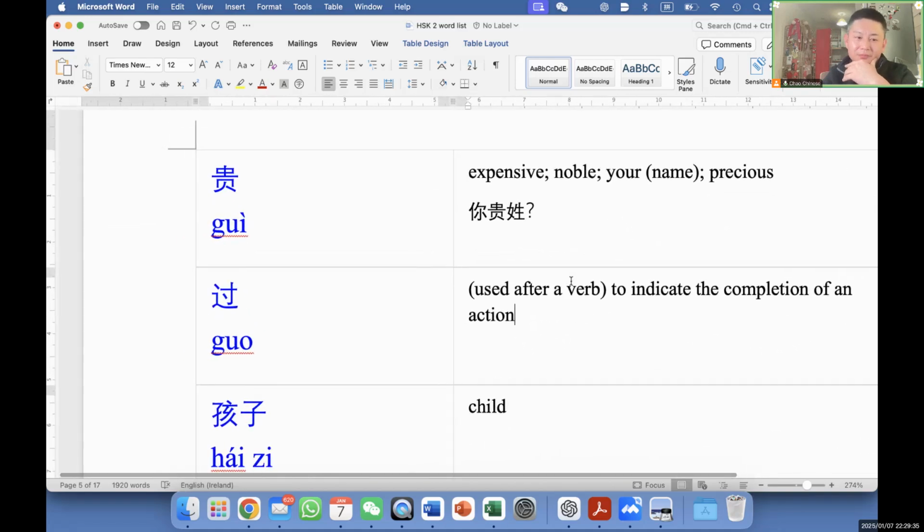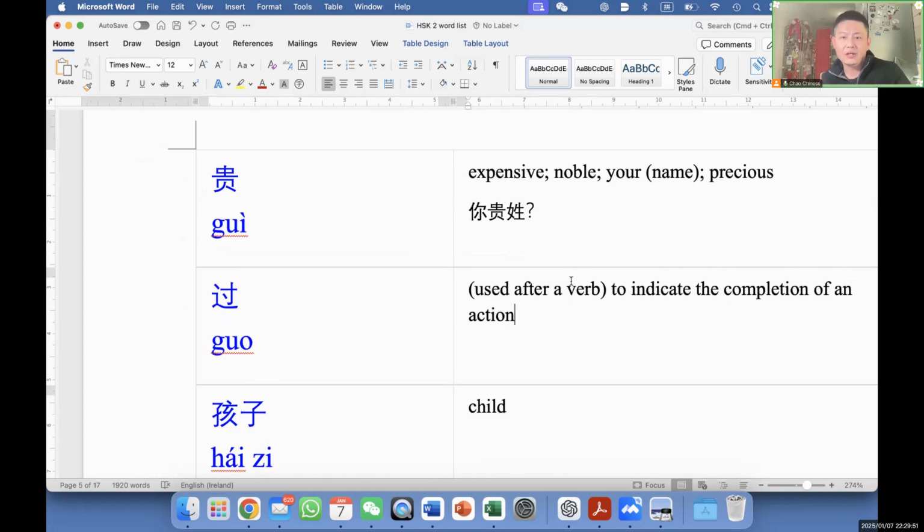过, another hairy one, another difficult one. 过 usually means to pass from A to B. You can cross a road, 过马路. You can cross a river, 过河, 过桥, a bridge. And also, sometimes you can put a 过 after a verb to mean that this verb has happened in the past. Now, what's the connection?